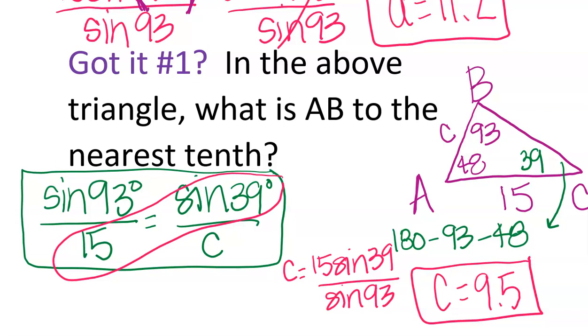So if 93 is the biggest angle, 15 has to be the biggest side. If you get something bigger than 15, you have done it wrong, because everything else is supposed to be smaller than 15. I know for sure that it's not wrong because it's not bigger than 15. If you had all three of them, you could put them in order and see if that made sense, but we don't have all three, so we're just going to leave it like that.